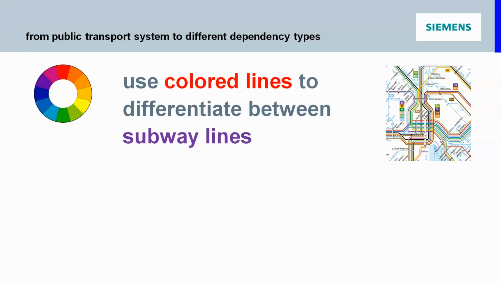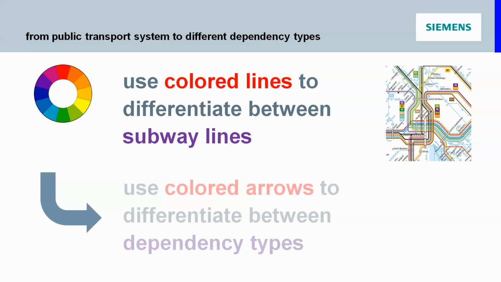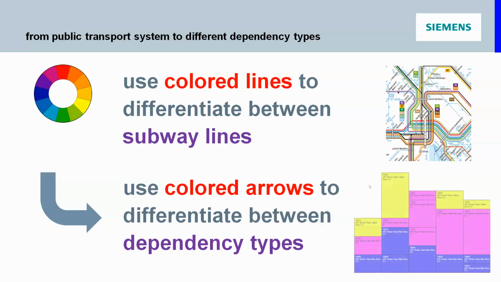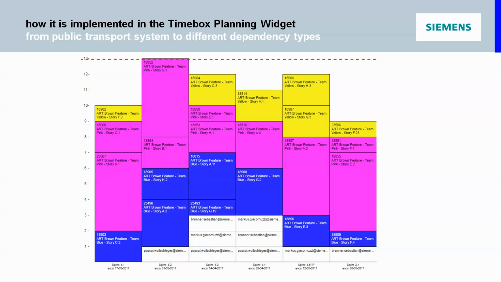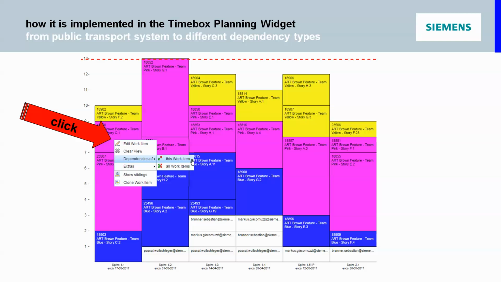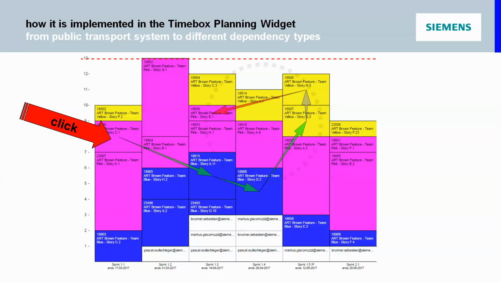And we used this idea of using colored lines to differentiate between subway lines and derived it to use colored arrows to differentiate between dependency types. And here you see how we have implemented this idea. We click one more time on the work item, go to the dependencies menu for this work item, and now we see the dependencies.